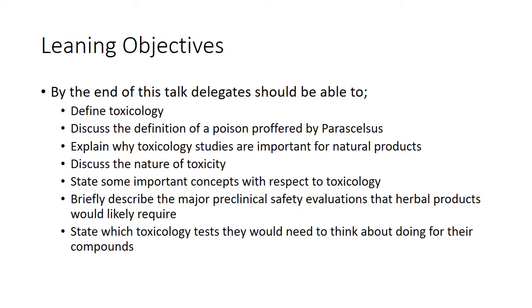And then also to be able to discuss the nature of toxicity, to state some important concepts with respect to toxicology, and to briefly describe the major preclinical safety evaluations that herbal products would likely require, and finally to state the toxicity studies that you as the delegates would need to think about in the work that you are doing.